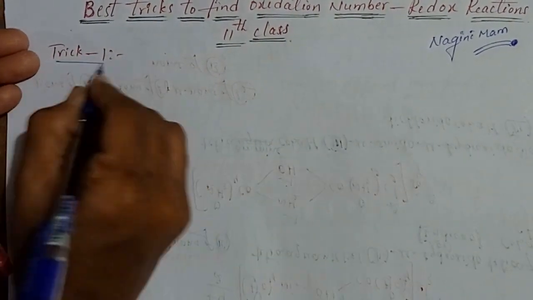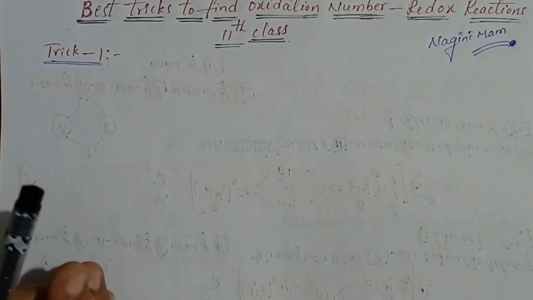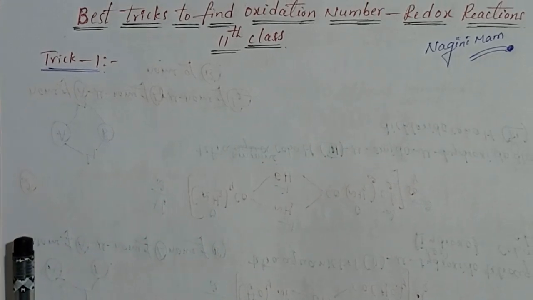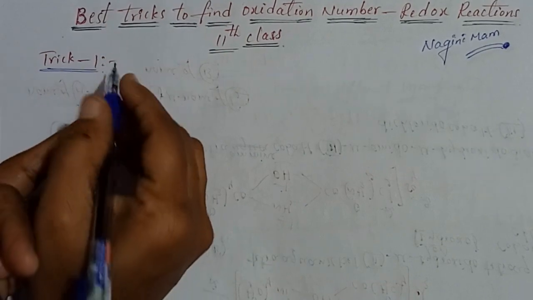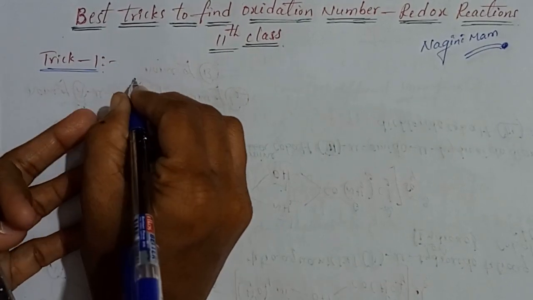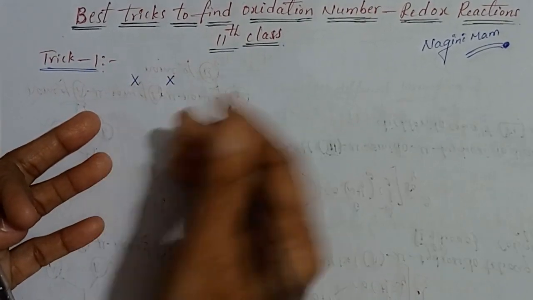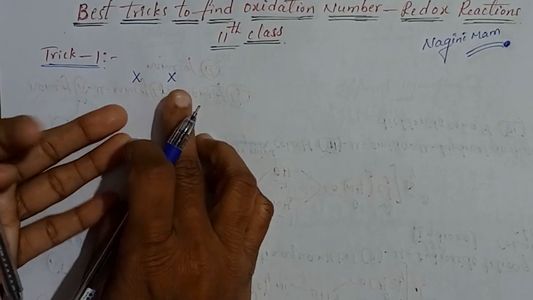Trick number 1. Here I am taking the same elements, for example X, two elements that are the same.